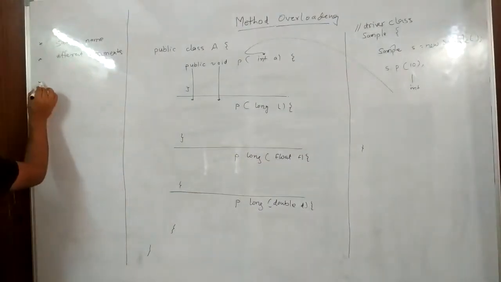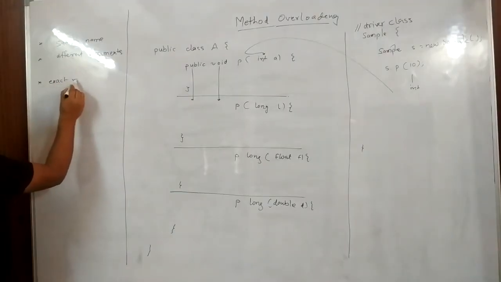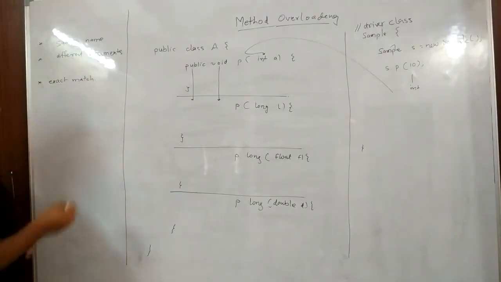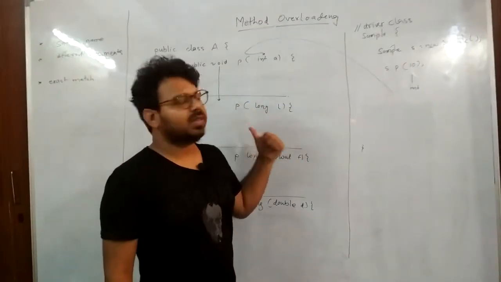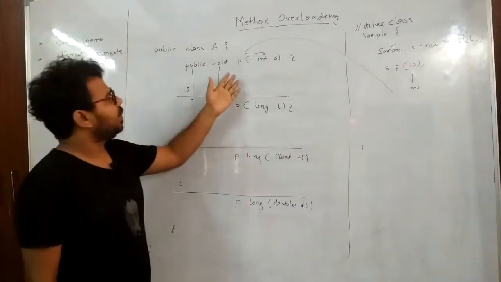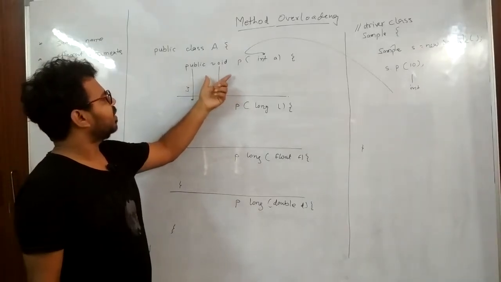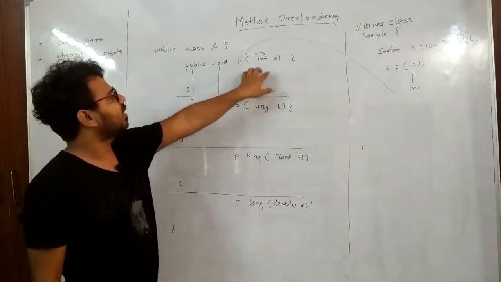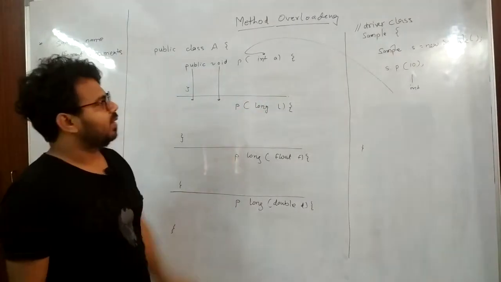If exactly matched method is found, then that method is called. So what will be printed here? Suppose we have written system.out.println inside the int version. Okay, so int version will be printed.